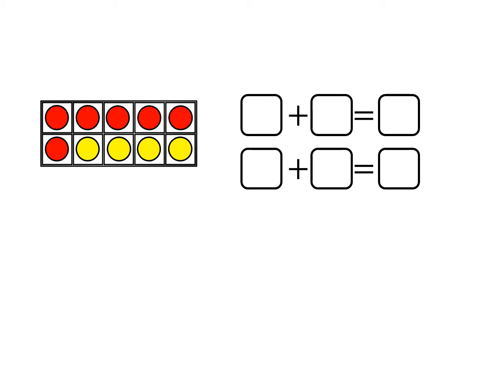We always start with our greatest number. Here we go, we've got another one here. We've got a tens frame. How many red counters can you see? Have a count for me. Super counting. And how many yellow counters can you see?